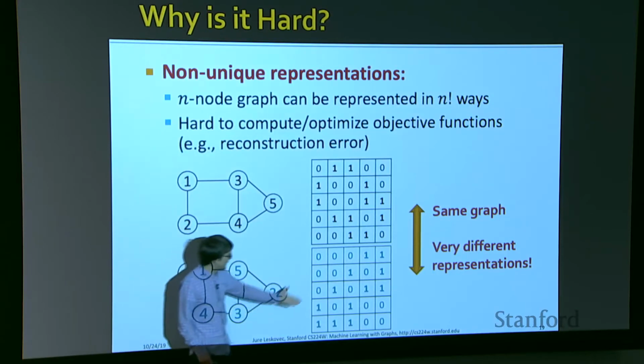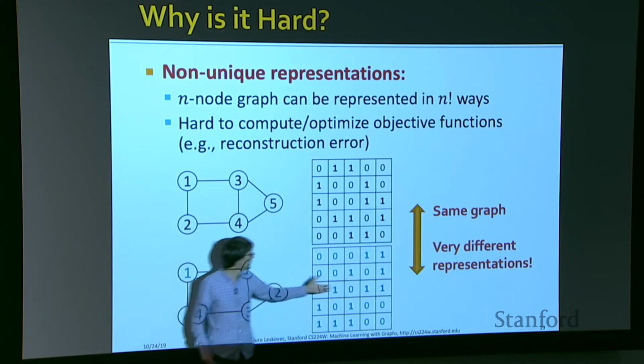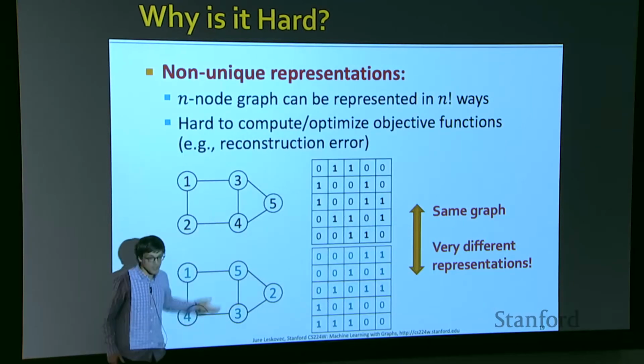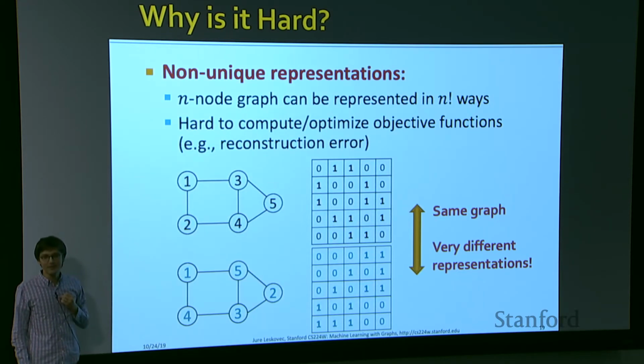But the output I would get is very different, even though in some sense it should be the same. It's the same graph, right? So we have this huge problem of non-uniqueness, that a graph on n nodes can be represented in n factorial ways, right? And n factorial is really, really a lot. So this is why this is hard.